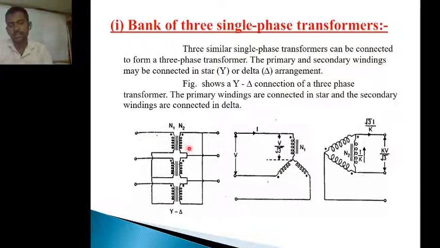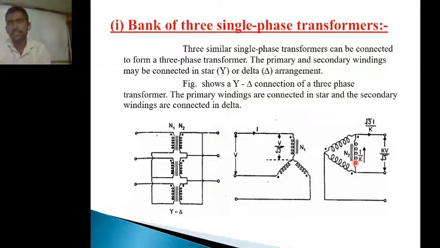Similarly here, the neutral of the first transformer is connected to the phase of the next transformer, the neutral of the second transformer is connected to the phase of the third transformer, and the neutral of the third transformer is connected to the phase of the first transformer. Such a connection is called a delta connection. So the primary is connected in star and the secondary is connected in delta. The diagonal representation is also shown here: this is the star connected primary and this is the delta connected secondary.